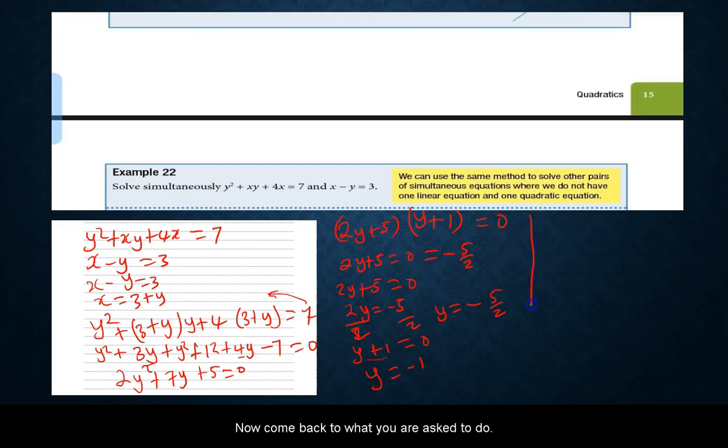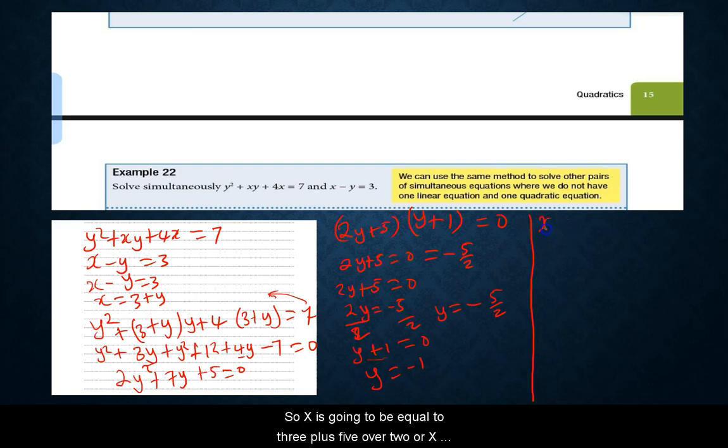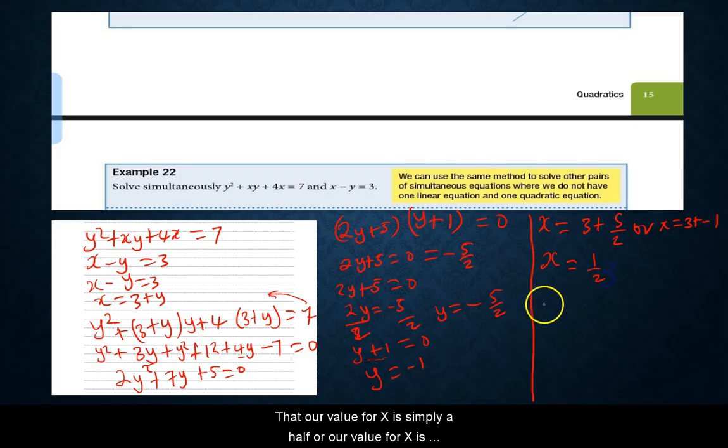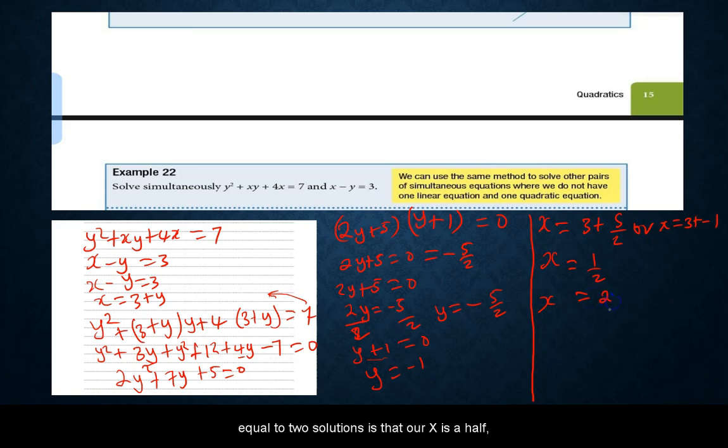Now come back to what you are asked to do. Here we have x. So x is going to be equal to 3 plus 5 over 2, or x is going to be equal to 3 plus or minus 1. Our value for x is simply a half, or our value for x is equal to 2.